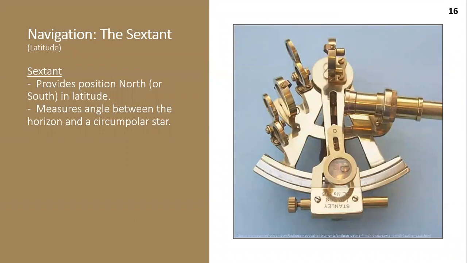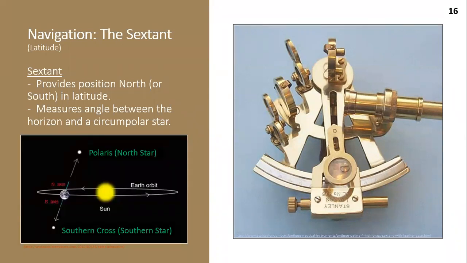Navigation, the sextant. A sextant is a measuring device used to locate one's position north or south of the equator. Used at night, it measures the angle between the horizon and a circumpolar star. In the northern hemisphere, Polaris, or the North Star, is aligned directly above the North Pole. In the southern hemisphere, the Southern Cross, or the Southern Star, is aligned above the South Pole.